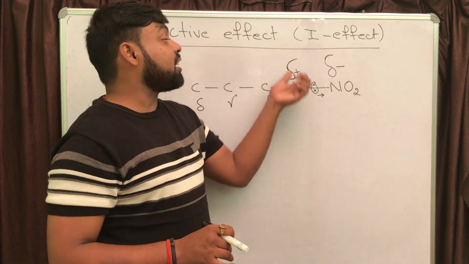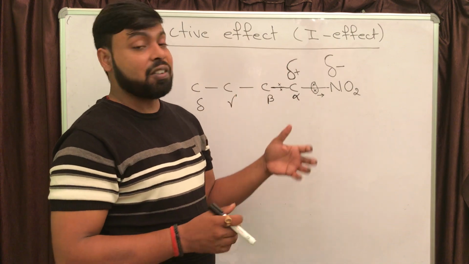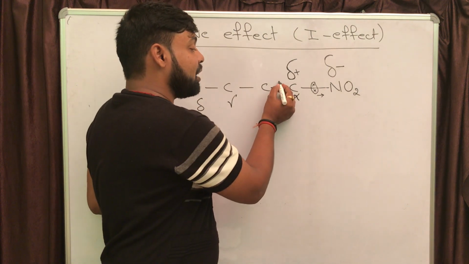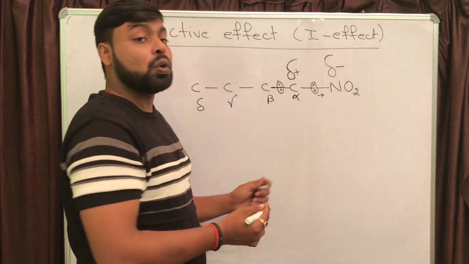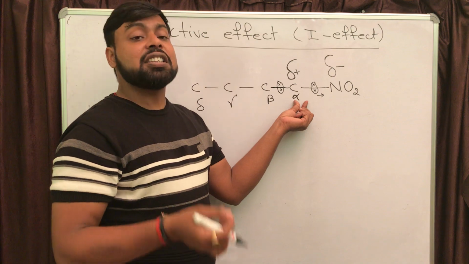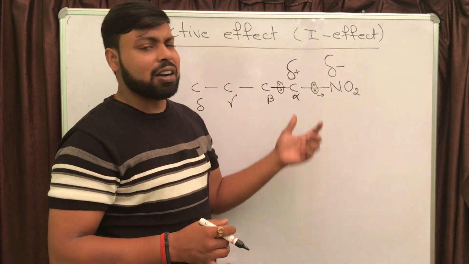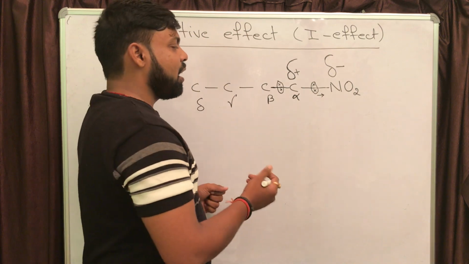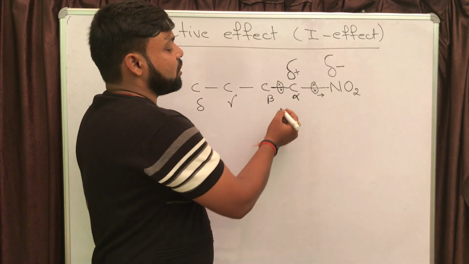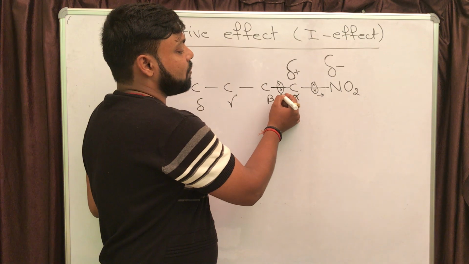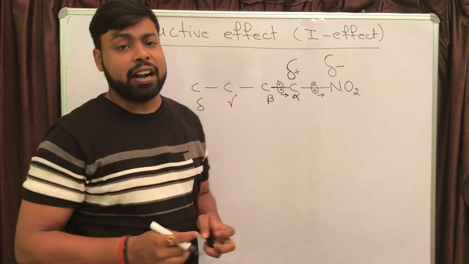But after getting this partial positive charge, the alpha carbon is going to pull bond pair electrons from the next nearest bond to decrease its electron deficiency. Partial positive charge means this alpha carbon becomes electron deficient, and to decrease its electron deficiency, it is going to pull electrons from the bond pair between the alpha and beta carbon.